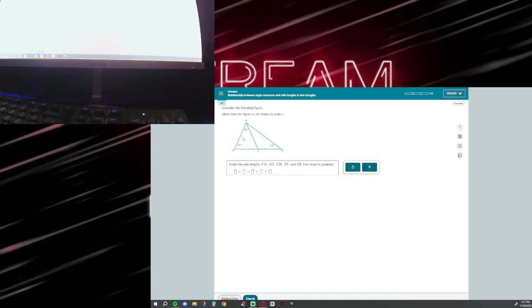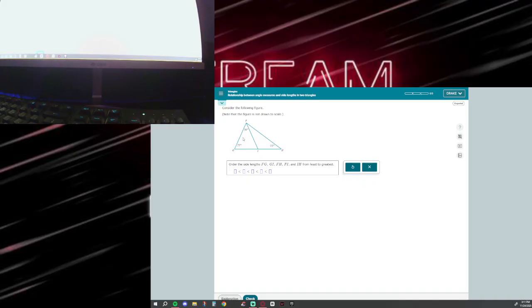Our lowest angle is 36. Easy measurement here. I might flip the page because I have too much writing. One angle is GFI, because F's the small one. You can start on either side with G or I, it does not matter, as long as F is in the middle.